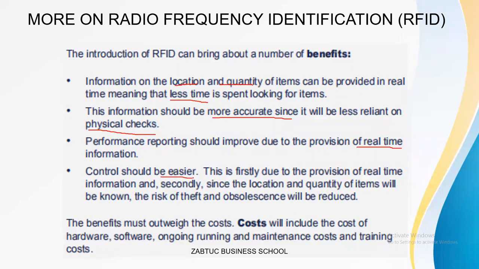Control should be easier. This is firstly due to the provision of real-time information, and secondly, since the location and quantity of items will be known, the risk of theft and obsolescence will also be reduced. This is how this technology helps to improve performance. The benefits would certainly outweigh the cost. The costs include the cost of the hardware, the software, ongoing running and maintenance costs, and training costs.